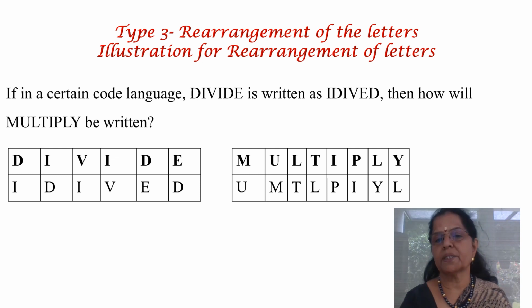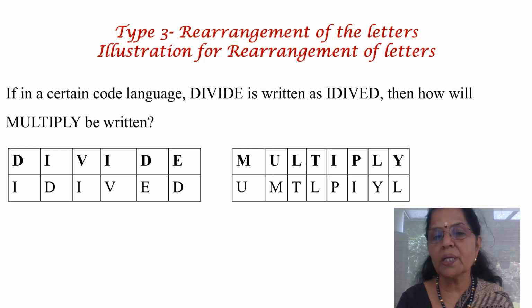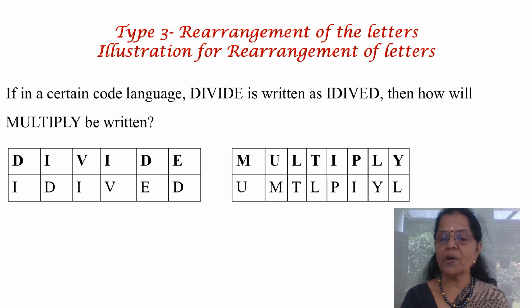Look for the pattern from the beginning, or from the end, or if you're not finding any pattern from the beginning or the end, then look for the pattern from the middle of the word. Until you get a pattern, you should not stop. Once you find the pattern, the problem is solved.